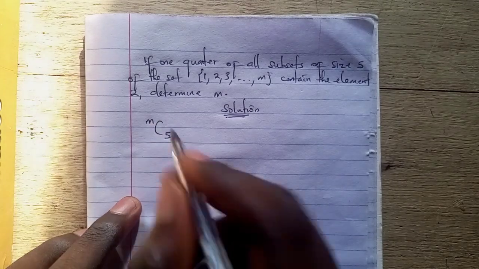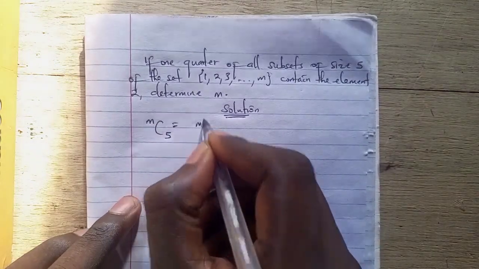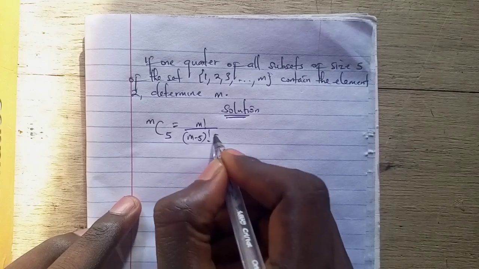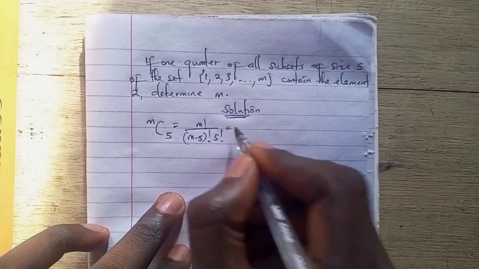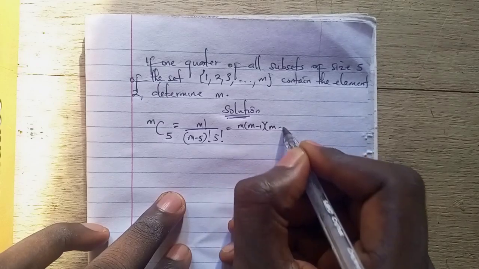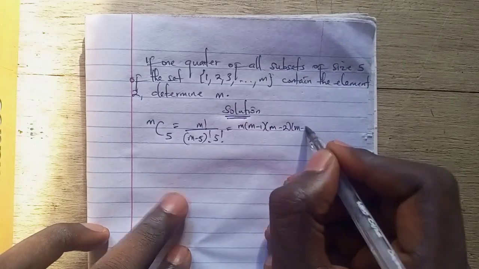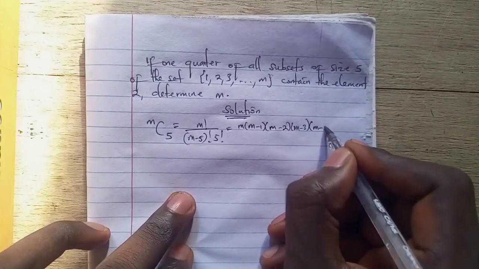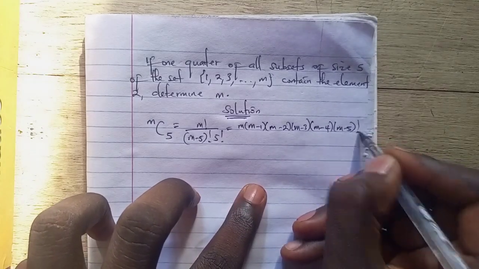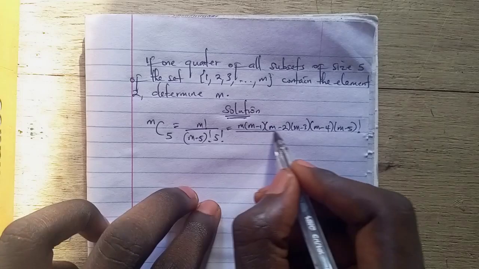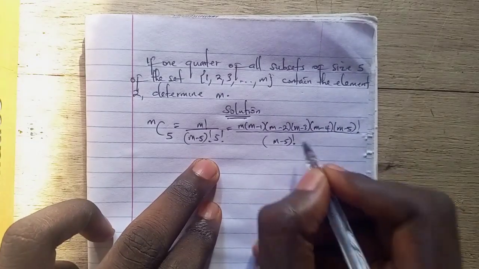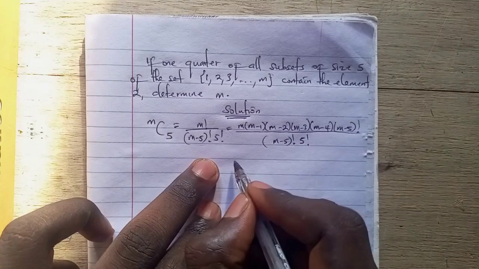So we use this, which will give us m factorial all over m minus 5 factorial times 5 factorial. We can further expand this to m times m minus 1, m minus 2, m minus 3, m minus 4, and m minus 5 factorial, all over m minus 5 factorial times 5 factorial.